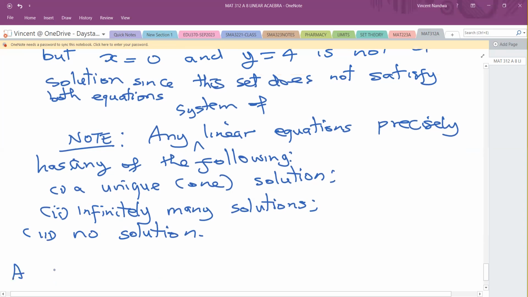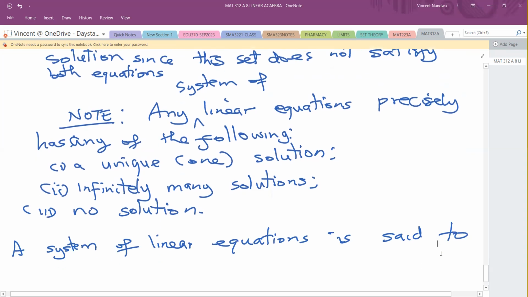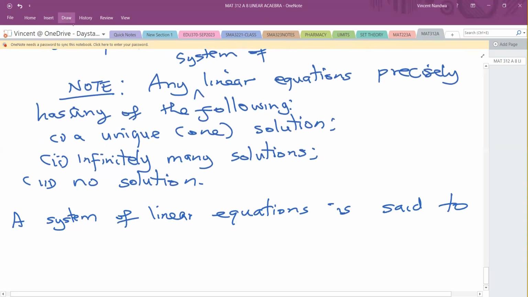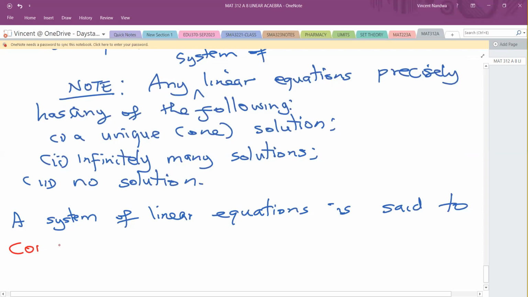And a system of linear equations is said to be consistent if it has at least one solution.